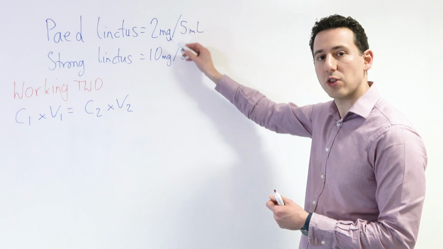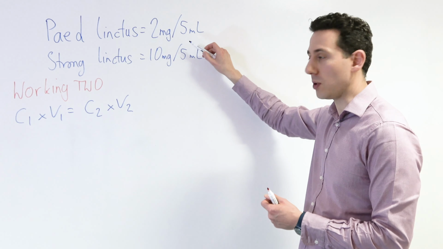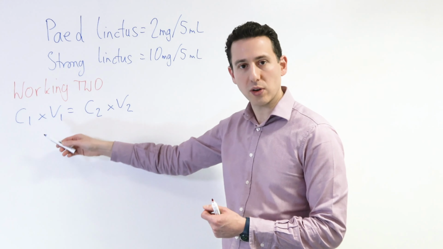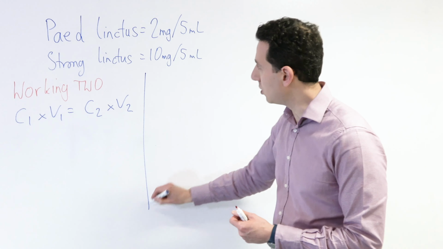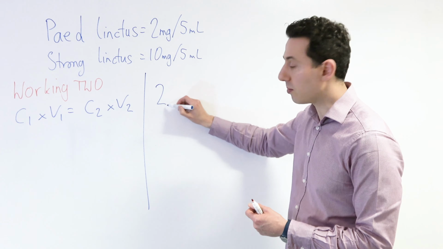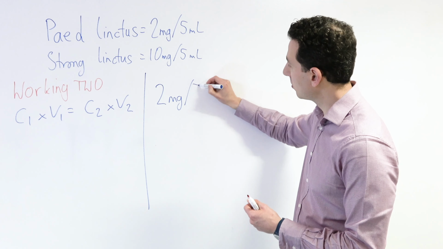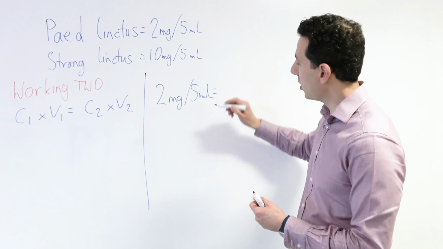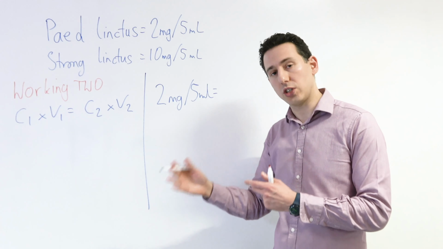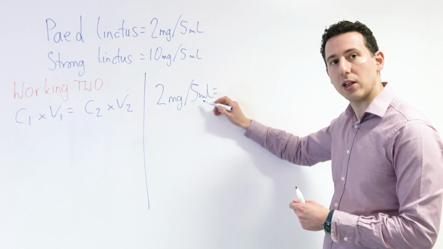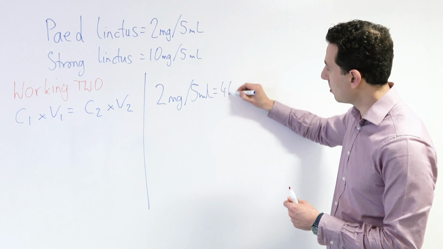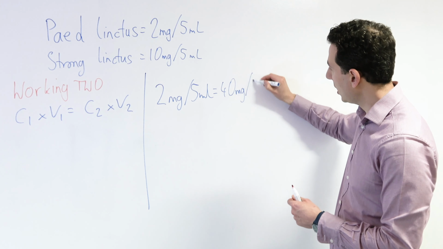So we've got our strengths of the products here as milligrams per 5 ml, but of course to put them into the C1V1 formula, we need to turn that into a percentage. So let's start by doing that. We've got the 2 milligram in 5 ml, and to turn it into a percentage weight and volume, which is grams per 100 ml, we'll have to think about 2 milligram in 5 ml, which is the same as 40 milligrams in 100 ml.